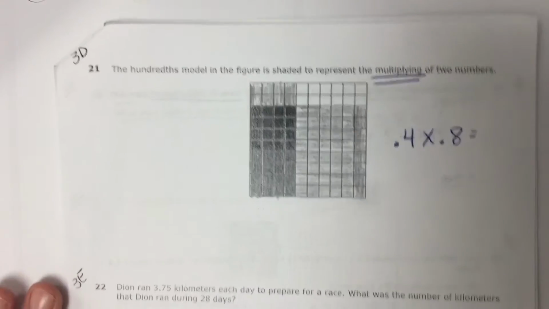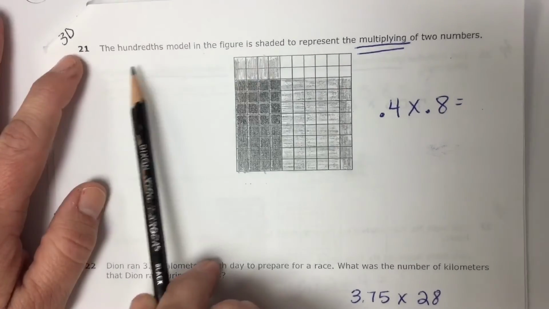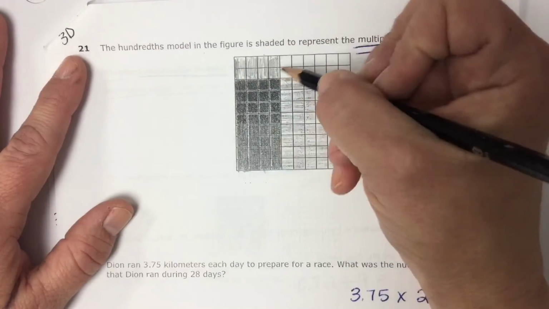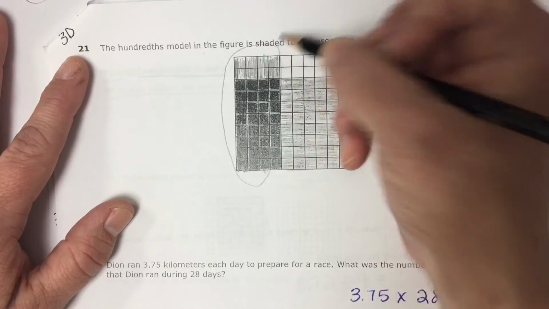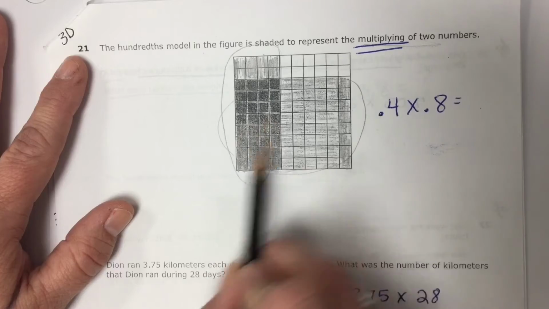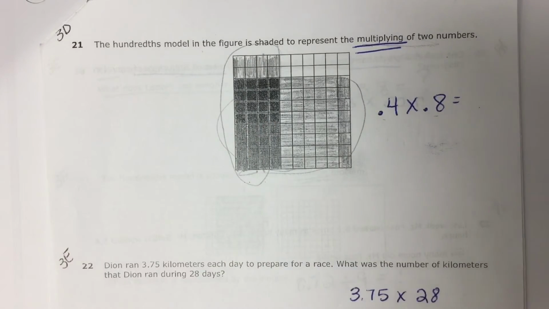Okay. Number 20, we already answered. We did that together. All right, 21. 4 tenths times 8 tenths, because it says the hundredths model in the figure is shaded to represent multiplying of 2 numbers. So we had a vertical and we have a horizontal. And where they meet is your answer. So 4 tenths times 8 tenths.